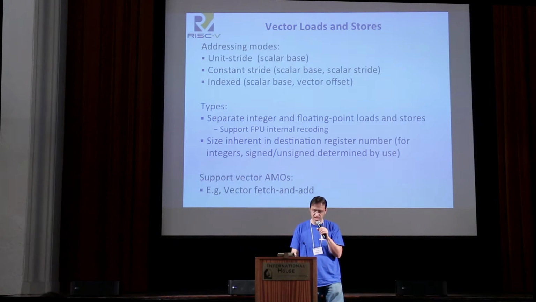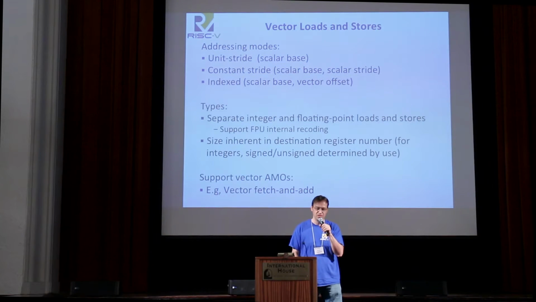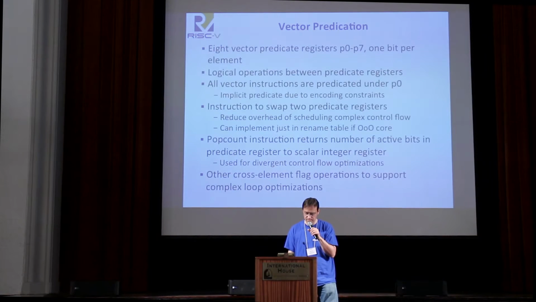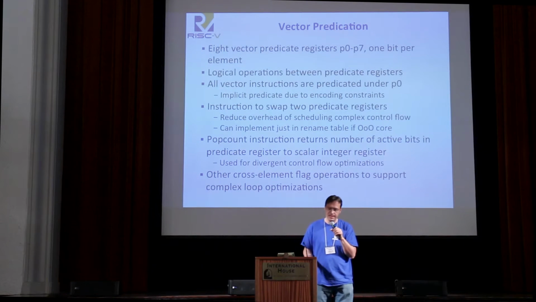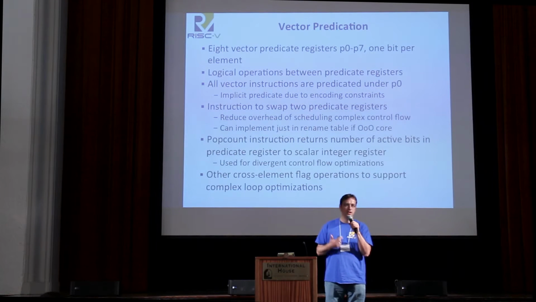We also want to support vector AMOs, so vector fetch and add. They're already in the microarchitecture anyway in this case, so you just drive them from the vector unit. Vector predication, another feature, so we have these 8 vector predicate registers, 1 bit per element. We support logical operations between the predicate registers. One constraint of the encoding space is in this 32-bit encoding, all instructions are predicated under P0 by default.